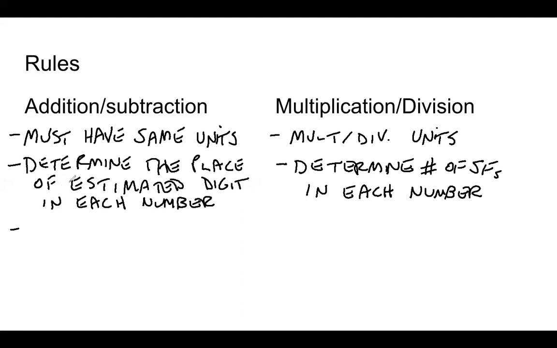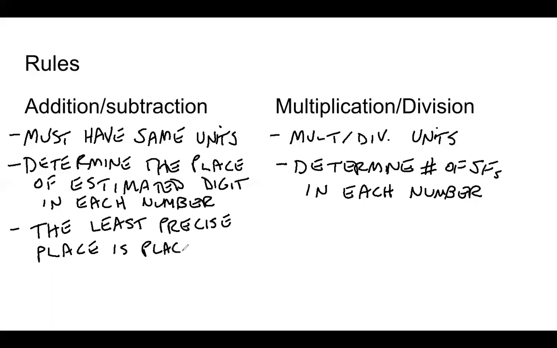For addition and subtraction, it's going to be easier to see an example than it is to say. The least precise place of all these we've determined, as in the tens place, the ones place, first decimal place, is the place where the answer must have its estimated digit.